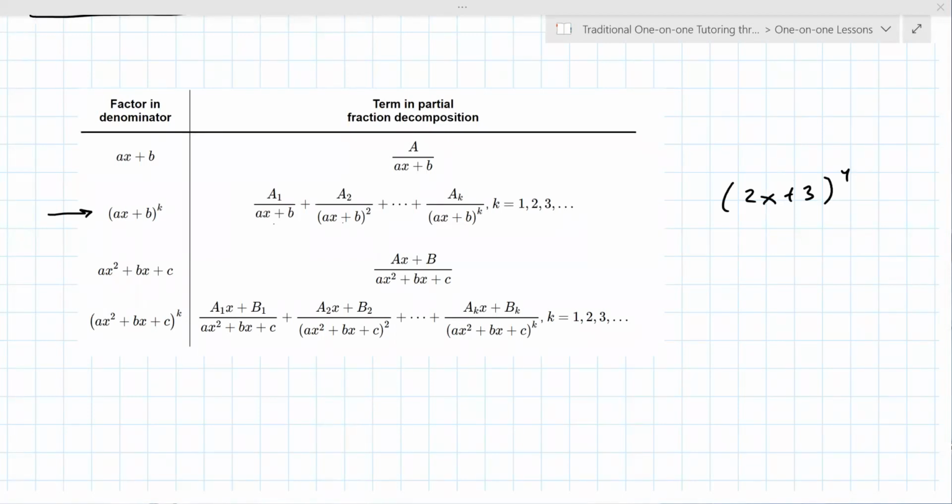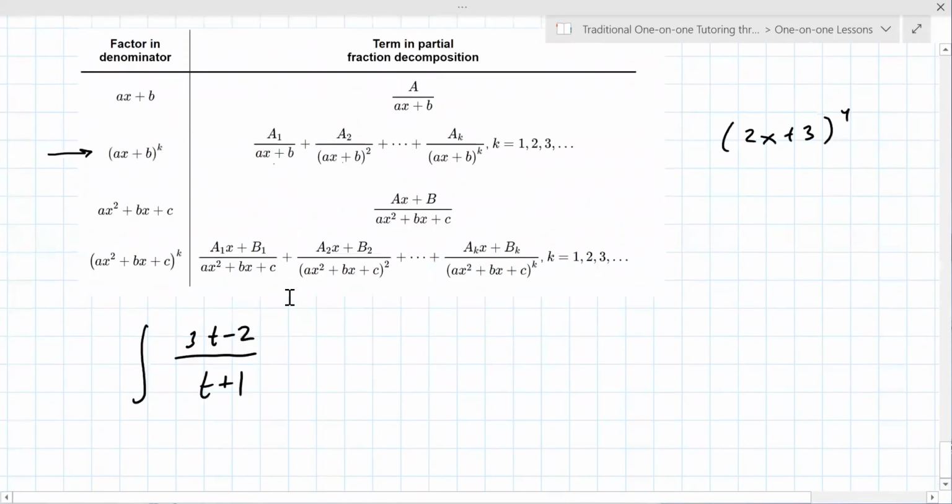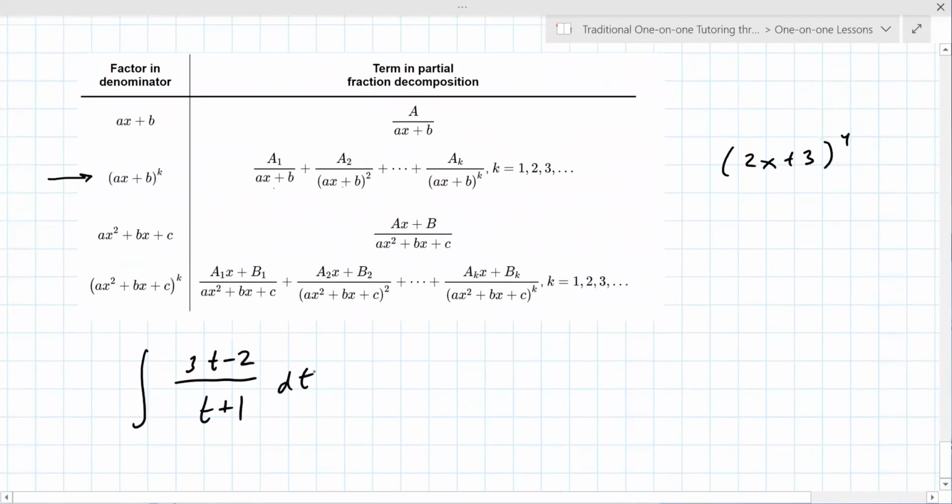Can we do the integral of 3t minus 2 over t plus 1? Like this? Yep. Okay. All right. So the form on the bottom, term and partial.